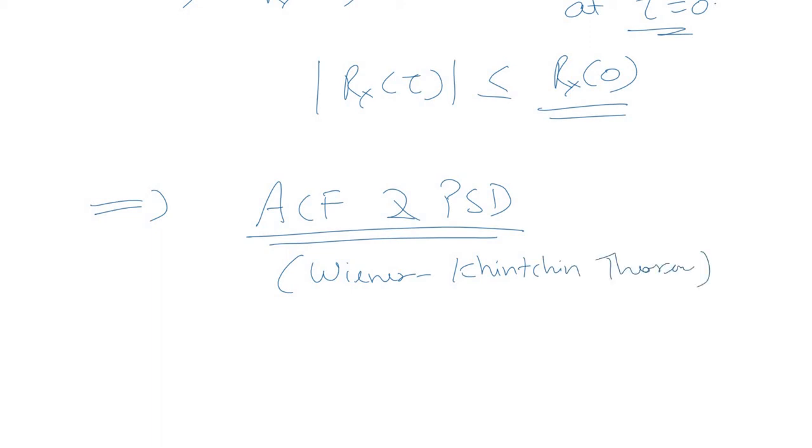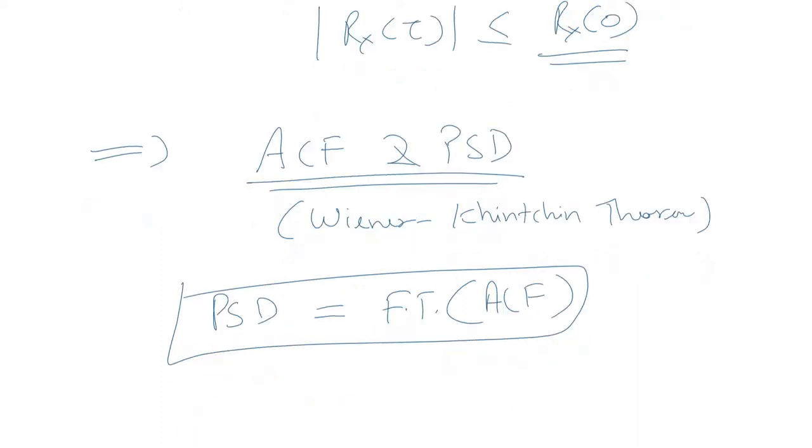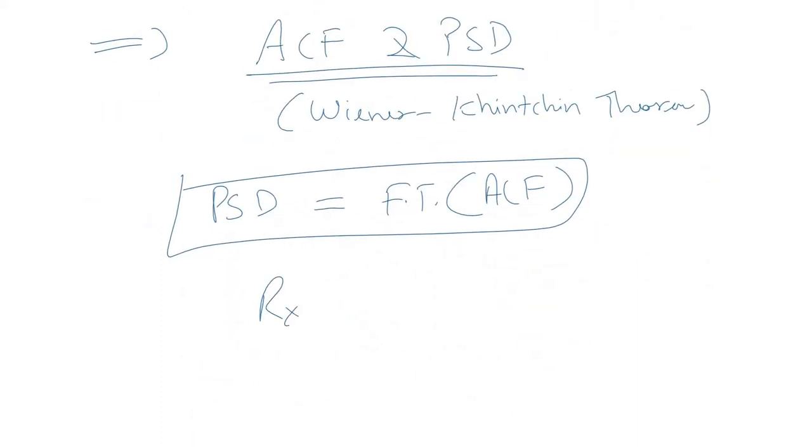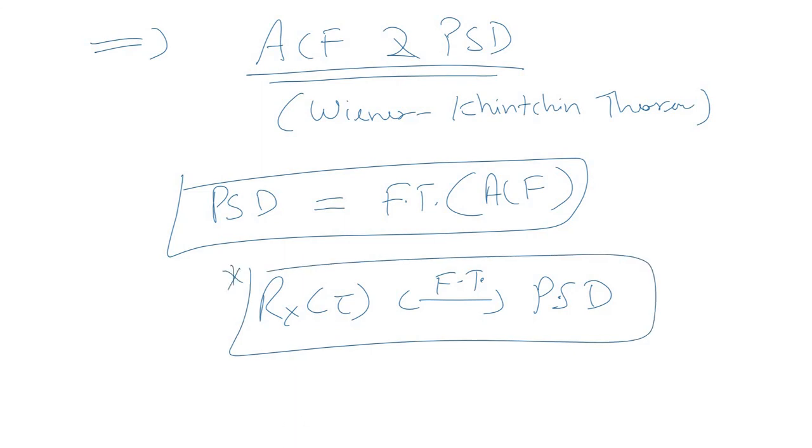It states that the power spectral density is nothing but the Fourier transform of the autocorrelation function. Or we can say that if you take the Fourier transform of the autocorrelation function, it results in the power spectral density. It's a very, very important relationship.